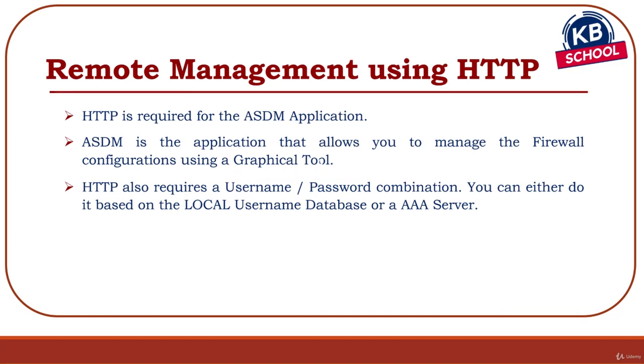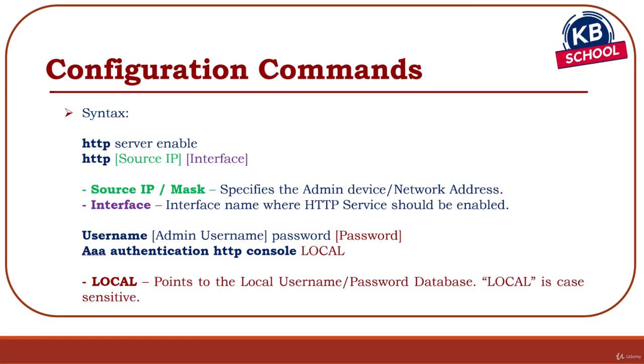So again, the commands to do it. First of all, you need to enable the HTTP server globally, then specify it on the interface. It should be just like on the other ones. I would just match it based on what we've done in the other ones. Source IP and mask, just like we have on Telnet and SSH.